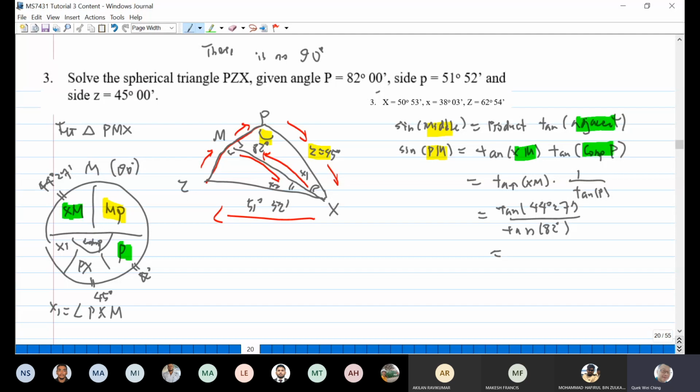Let me charge my pen first. Let's see what this is. So tangent of 44 degree 27 minutes, I put there first, divided by tangent 82 degree.